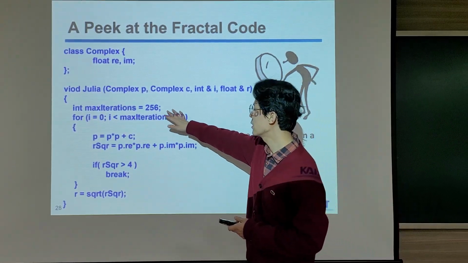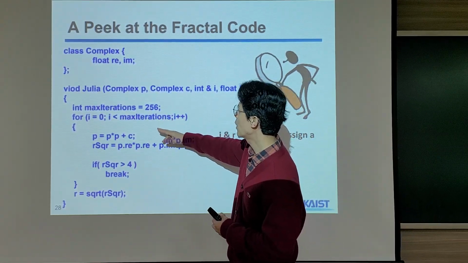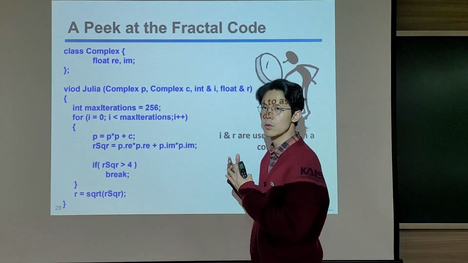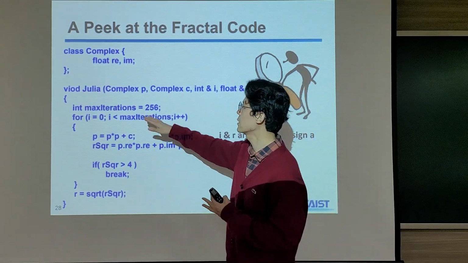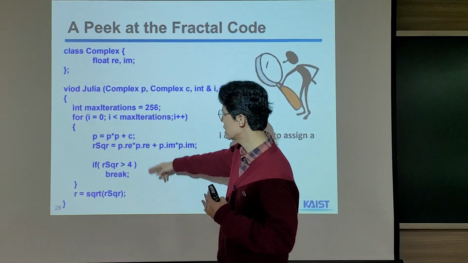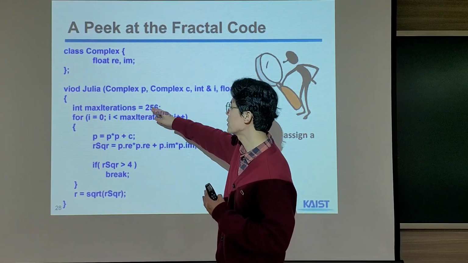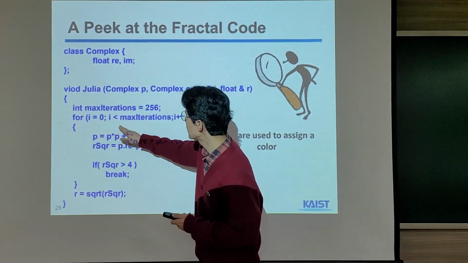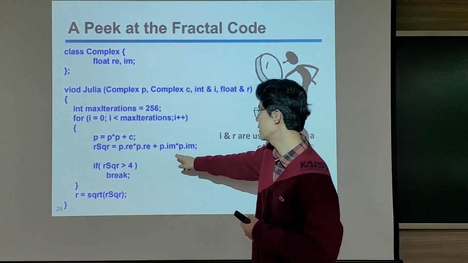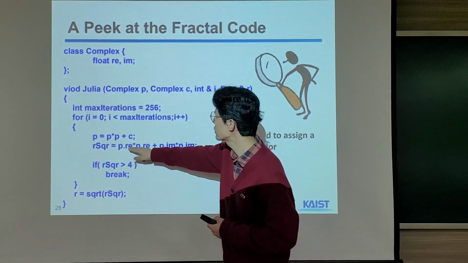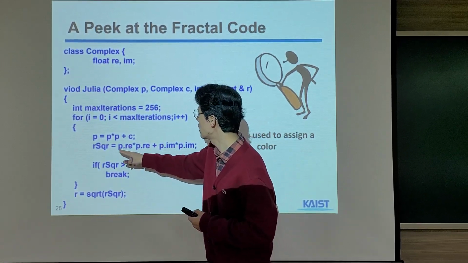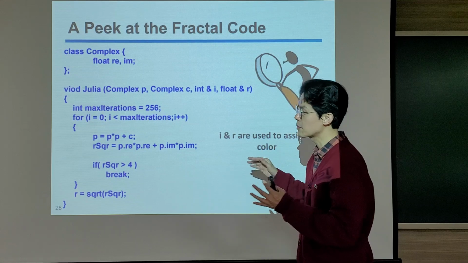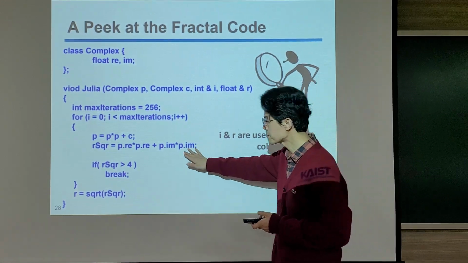And then here we need to see whether the series will diverge or not, right? So basically we iterate this sequence up to this max iteration, and then we keep doing that. We evaluate this Julia set series, and this is the root square of basically the squared magnitude of this complex number.